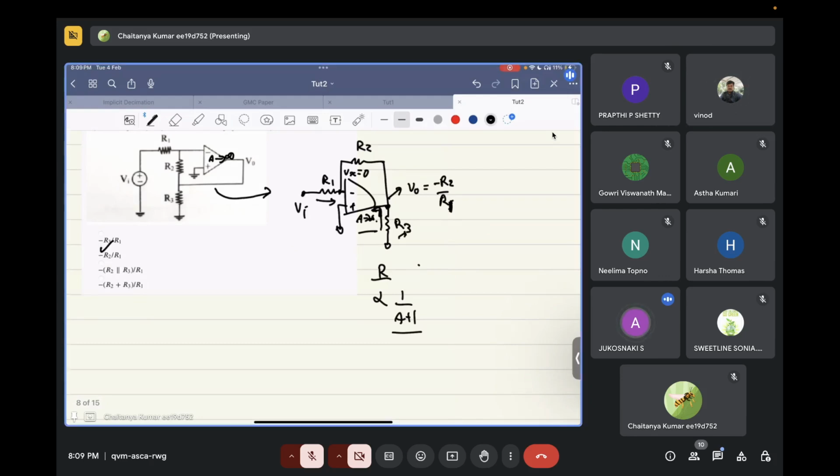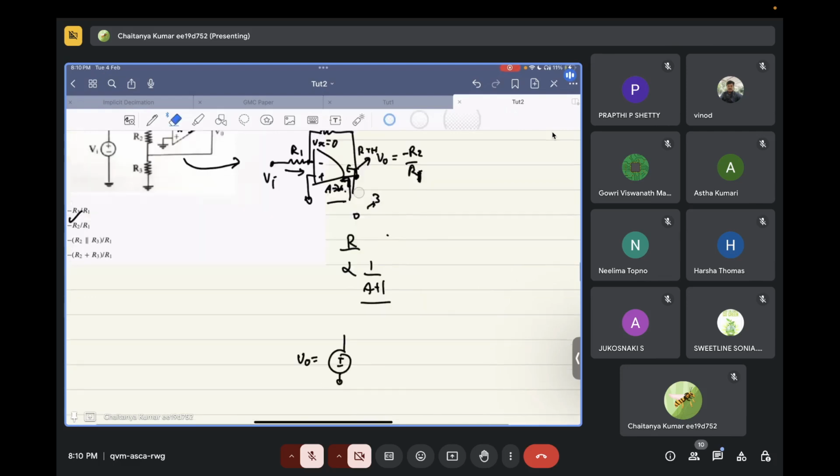Yeah, understood. Why R3 has not come in this equation is because the output resistance of this particular circuit, if only this circuit is considered, if you try to solve it, you will get zero. Now, if the output resistance is zero, the Thevenin equivalent, let's say it's RTH, can be written like this.